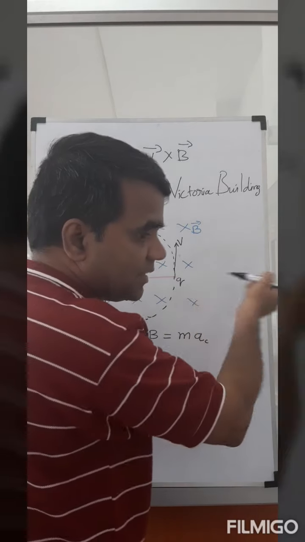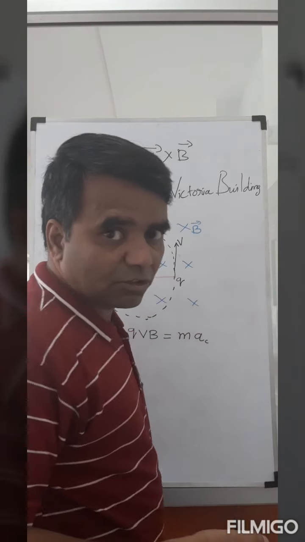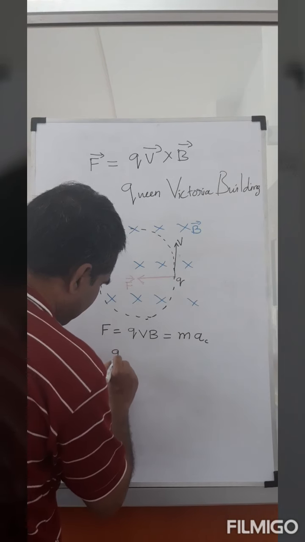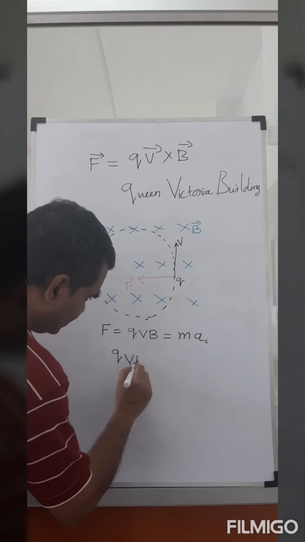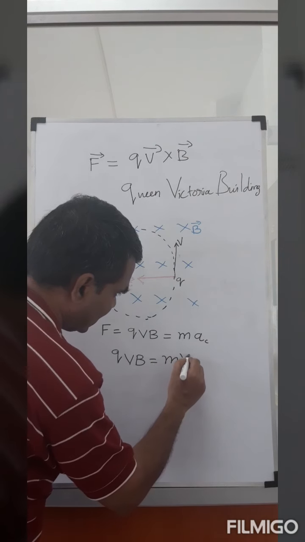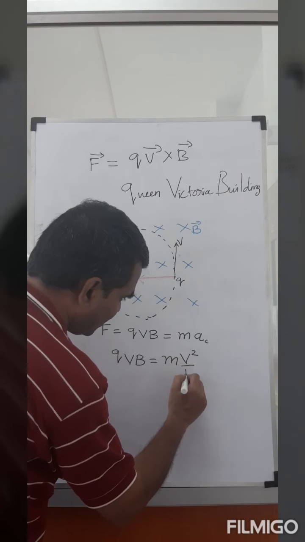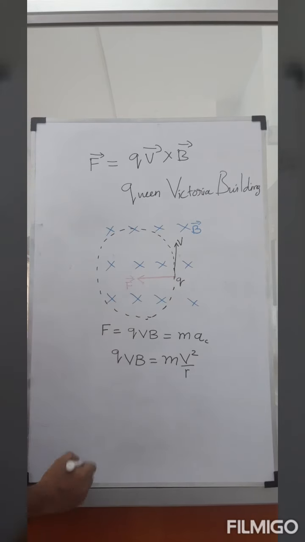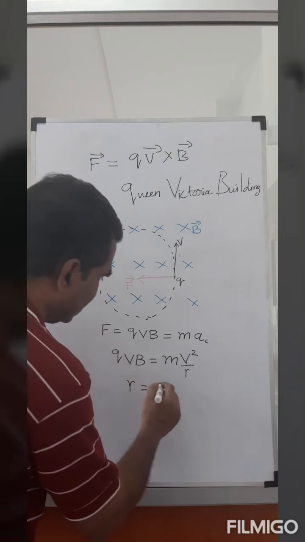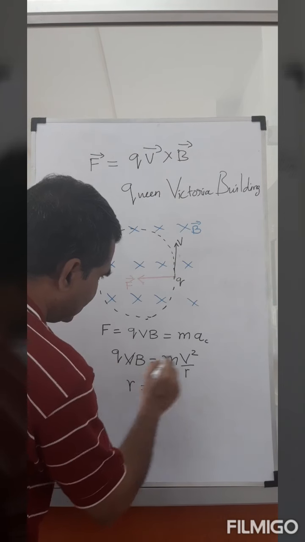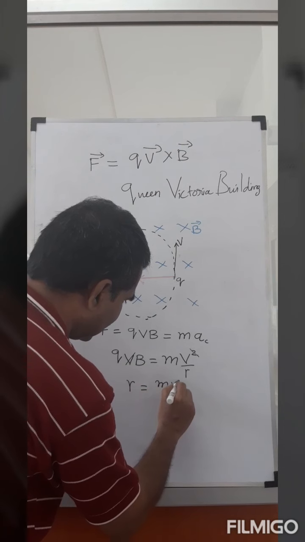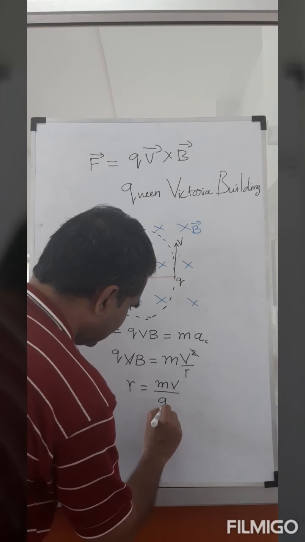This acceleration must be in the same direction as the force. So QVB is equal to m v squared by r. Then v and v will cancel, and r can be written as mv by qB.